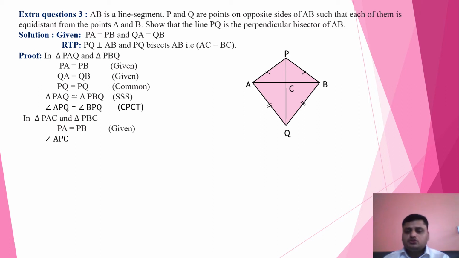For proving these two triangles congruent, first of all given that is PA is equal to PB. Then we can say that angle APC is equal to angle BPC, that is proved above. And what we proved above, angle APQ is equal to angle BPQ. After this, we can say that PC is equal to PC, this is common.